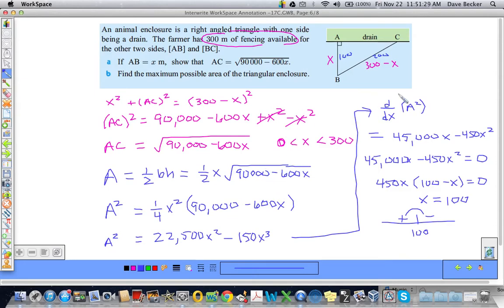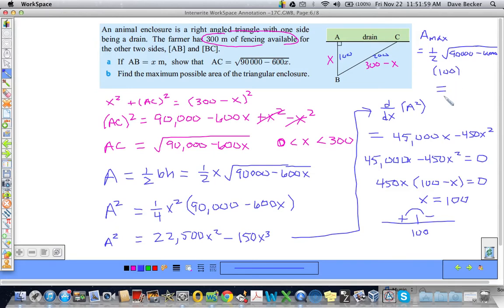So the max area is going to be 1/2 times the base, which we found to be the square root of 90,000 minus 600 times 100, so that's 90,000 minus 60,000, times 100, the height.